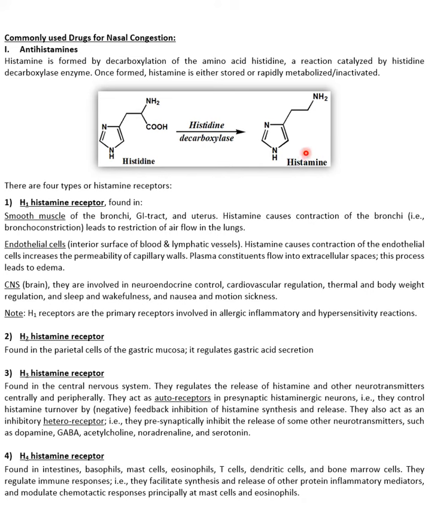As soon as the histamine is synthesized, it has to be stored into vesicles or granules. If not, it's going to be metabolized and inactivated. So it does not stay long in the body unless it is stored. So the histamine is stored into vesicles or granules, and these granules can be found in 4 types of cells.